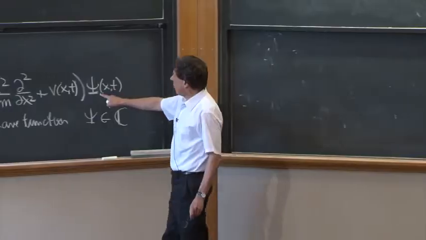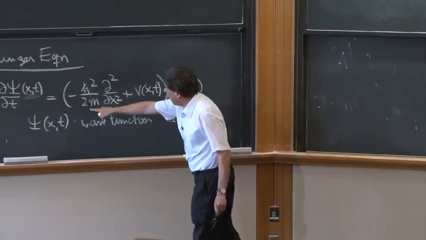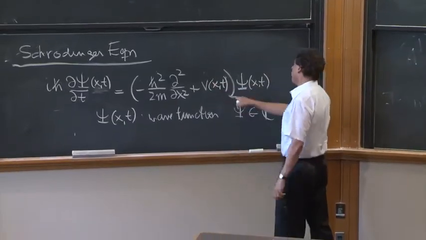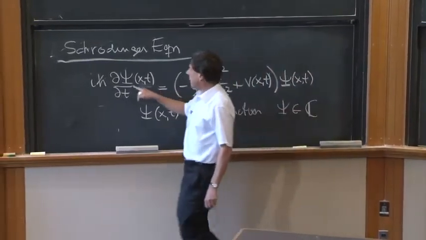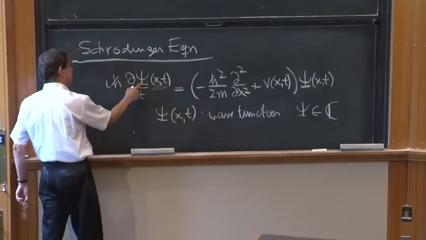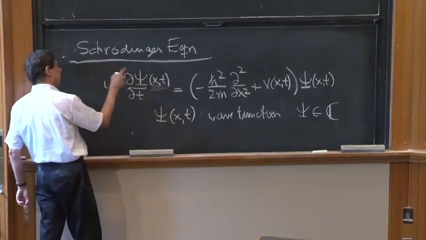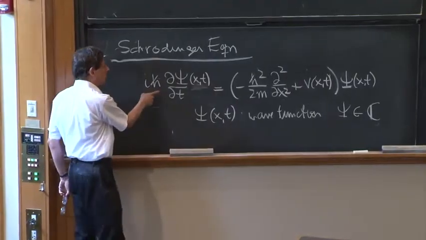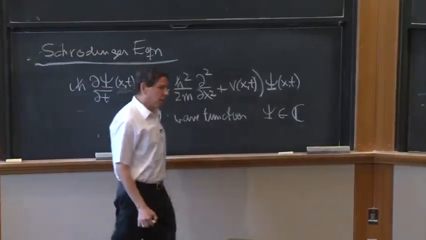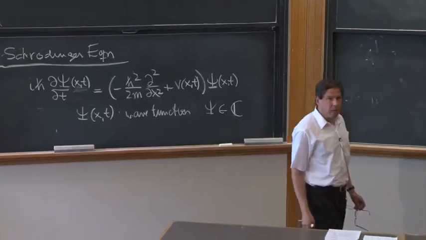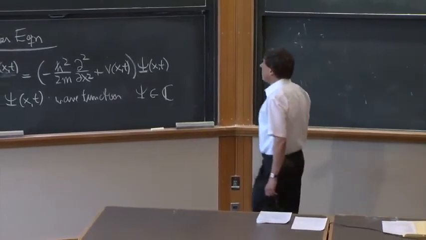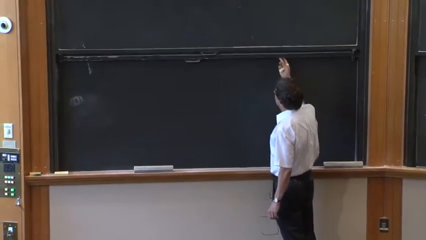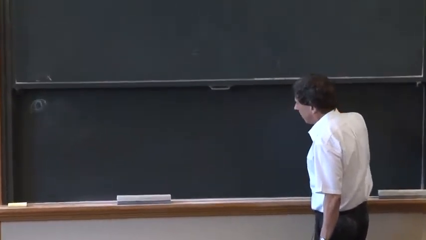If psi were real, the right-hand side would be real. The potential is a real number. And the left-hand side, on the other hand, if psi is real, its derivative would be real, and this would be imaginary. So it's just impossible to get a solution of this equation if psi is real. So psi complex is really the fundamental thing that can be said about this wave function.